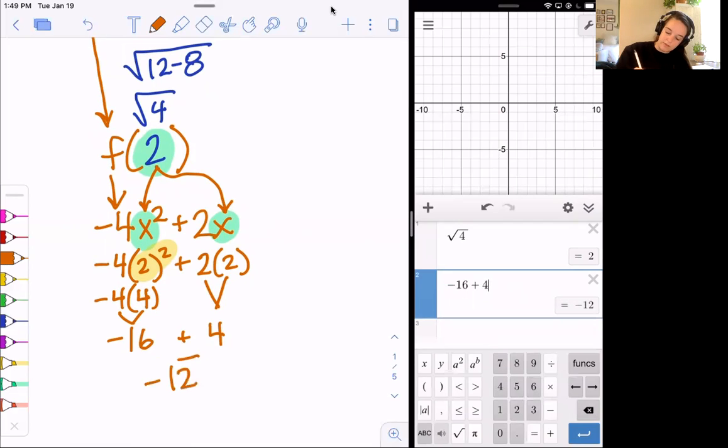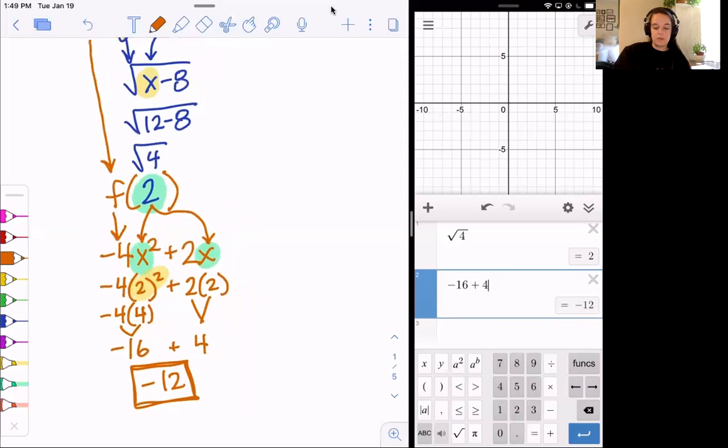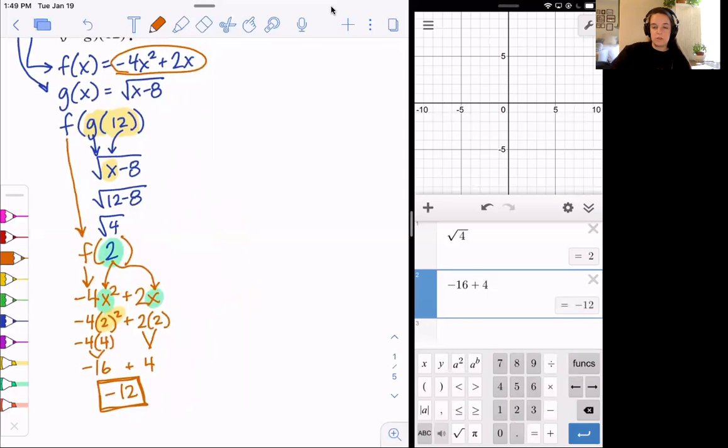So negative 12 is my number there. I plugged in the inside one first, calculated that and got 2. Then I took the 2 and put it into both of the x spaces in f, because there were 2 places where x was in my function. I'm going to get negative 12.